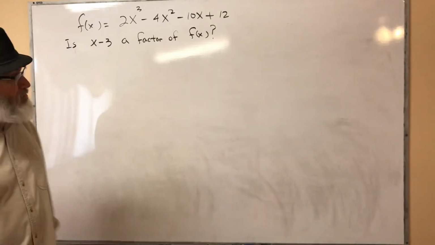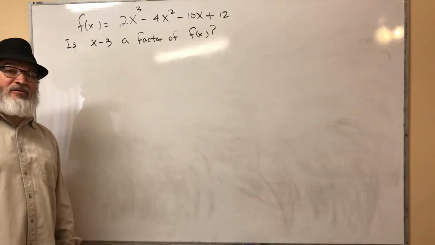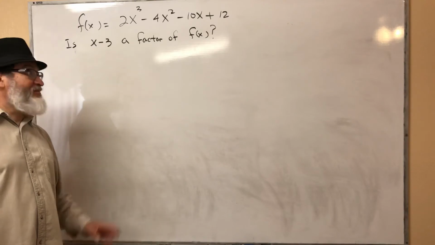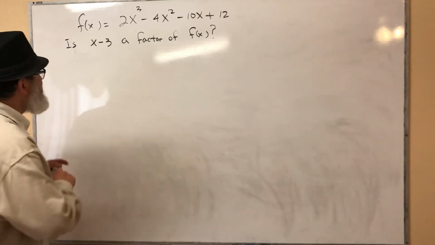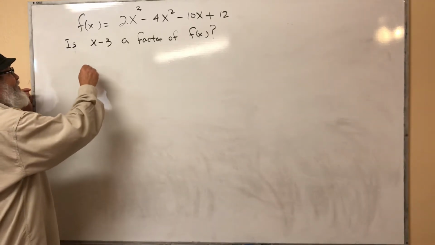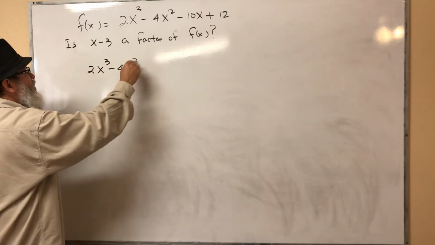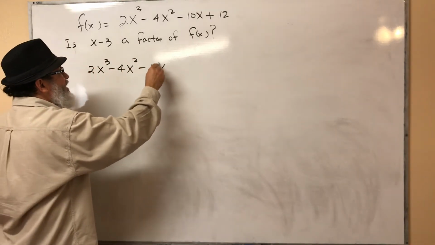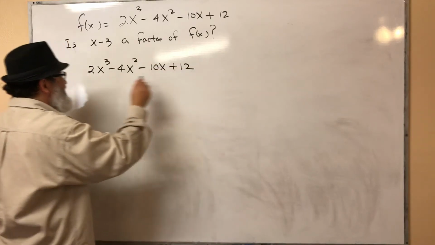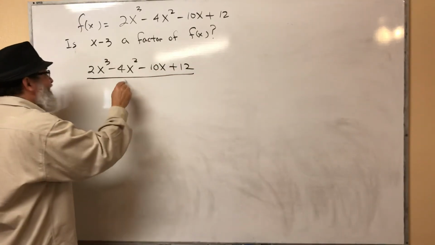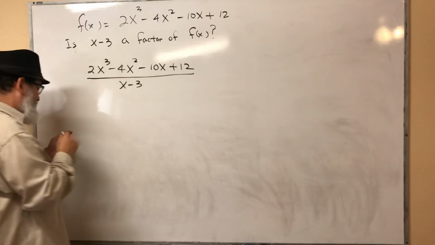Well, let's find out. How do we find out? Let's do 2x cubed minus 4x squared minus 10x plus 12 divided by x minus 3.